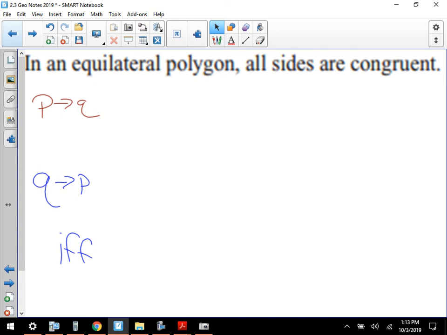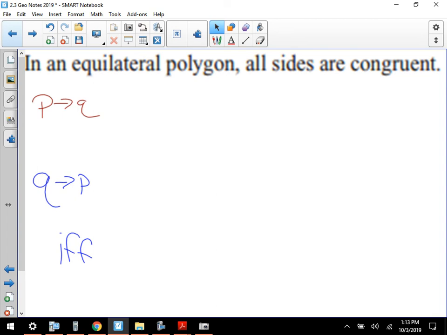If all sides are congruent, then you have an equilateral. Right. A polygon that's equilateral, or an equilateral polygon. Exactly. So, once again, how you word it winds up being very specific to how you think.